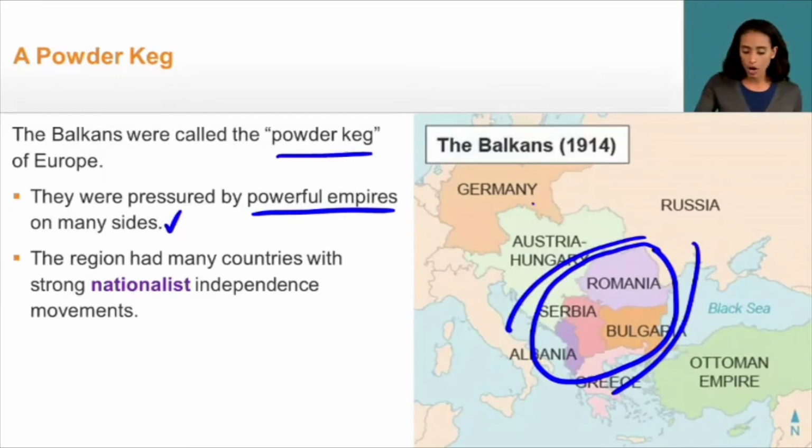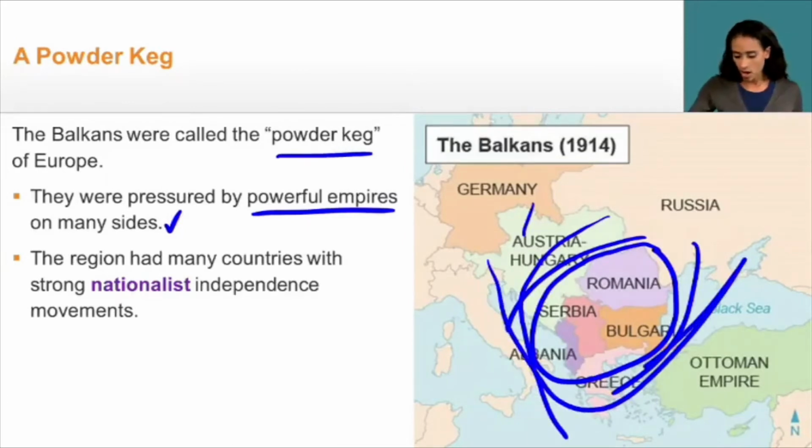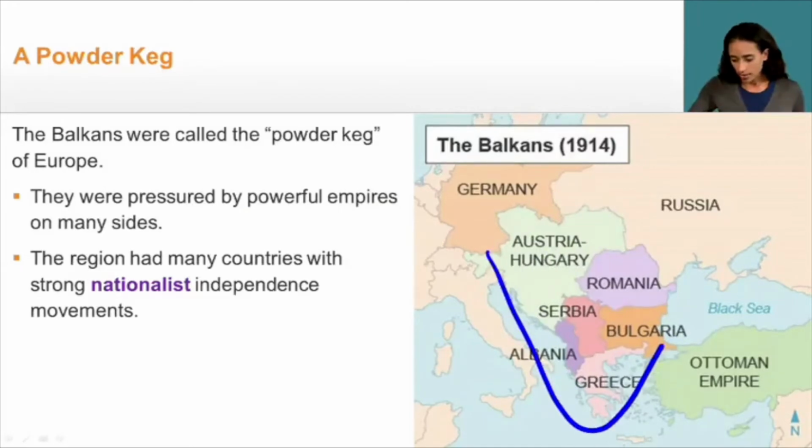And then also notice that you're looking at a region that's on what we call a peninsula. So you can see that it's basically surrounded by water, and that's going to make it really susceptible to attack, and it's also going to make it a really valuable place to trade from.